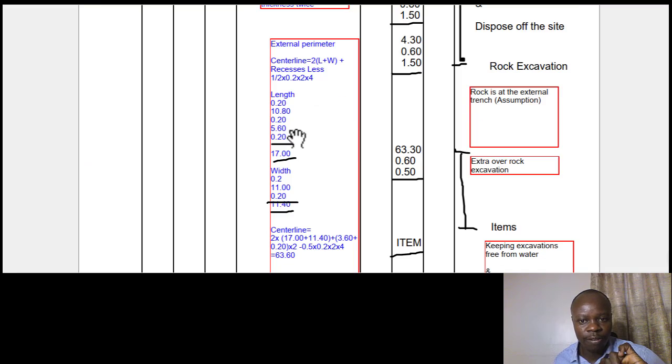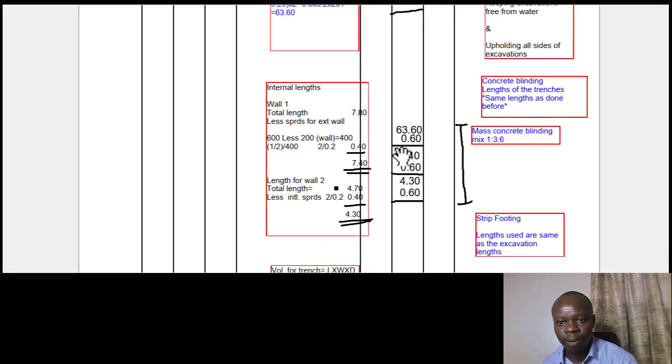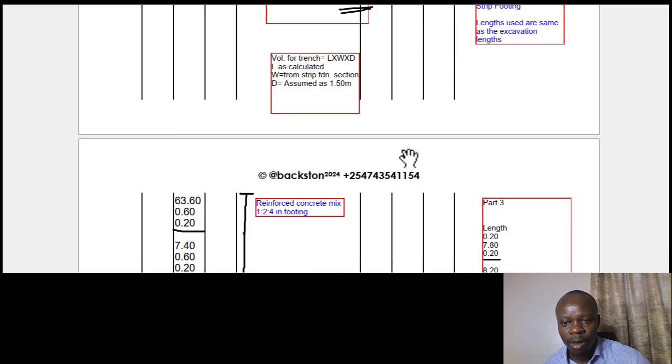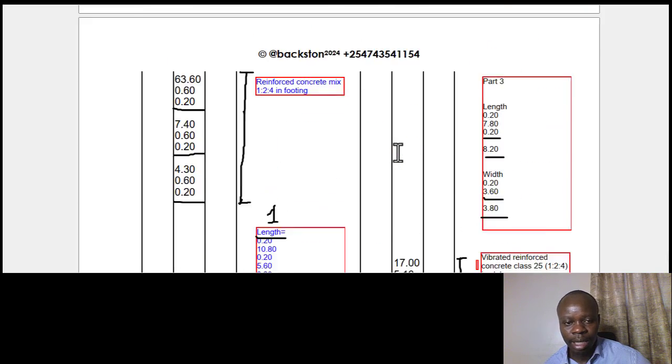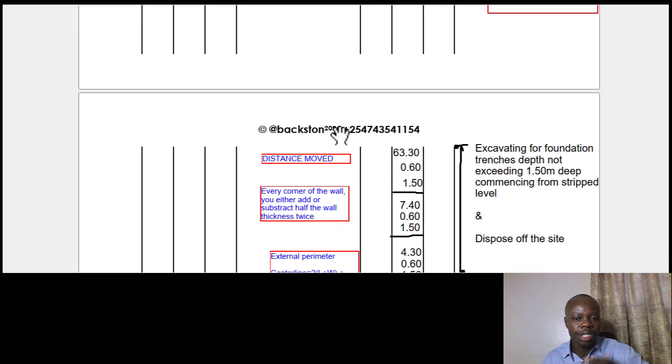So just could just take you through to what we had calculated. Then you'll realize that we had calculated our center line. Yeah, that came early while we were doing the trenches. Okay, because that is what you are still dealing with. The trenches, the blinding, concrete blinding, concrete footing, and excavation are going to be using the same length.